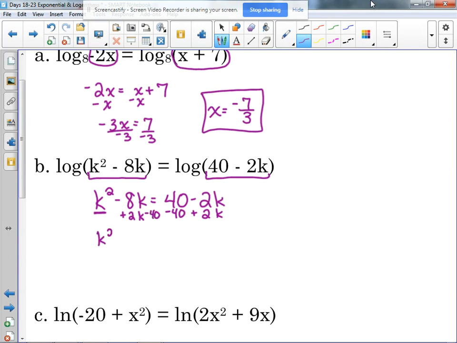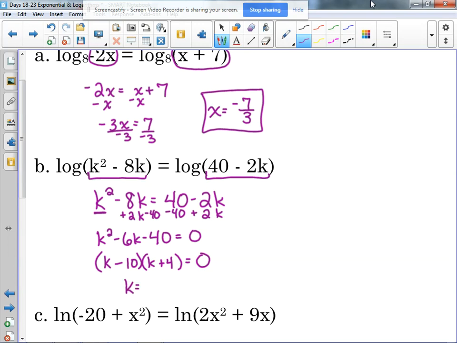So we've got k squared minus 6k minus 40 is equal to 0. And then we need to factor. How about 4 and 10? Negative 10 times 4 is negative 40, negative 10 plus 4 is negative 6.